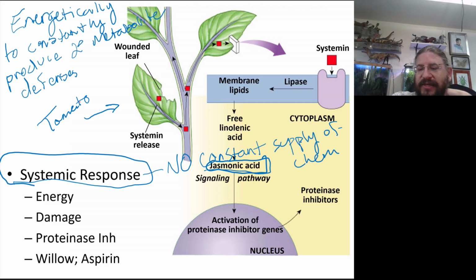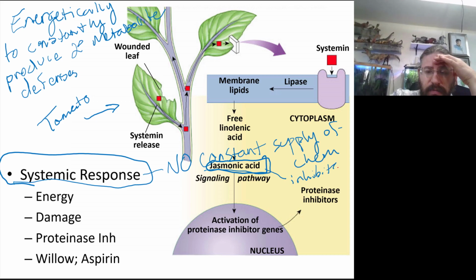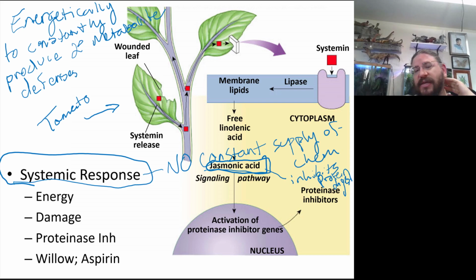So jasmonic acid binds to digestive enzymes and inhibits protein digestion. Why have jasmonic acid on hand always when instead you could have a systemic response?